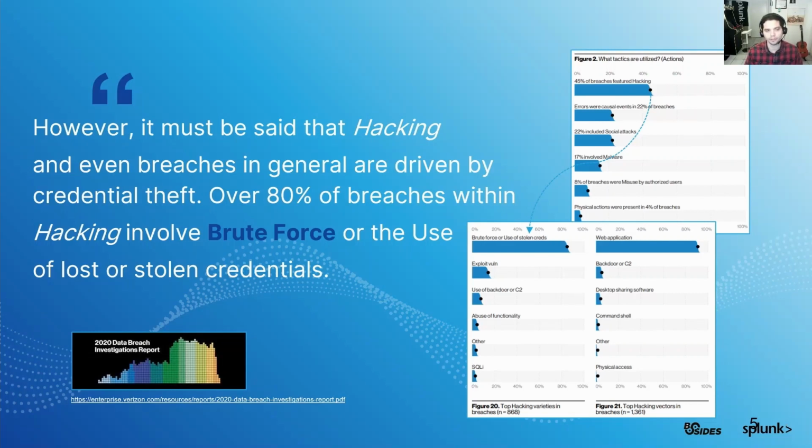And from there, we can see that brute force plays a very important role, especially if you are designing or doing any sort of threat modeling exercise within an organization. 45% of the breaches feature one tactic called hacking. And within this tactic, around 80% of the activity is around brute force or the use of stolen credentials, right?